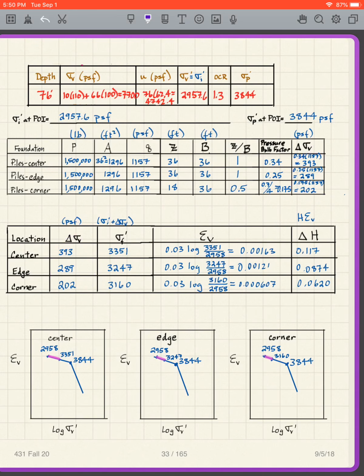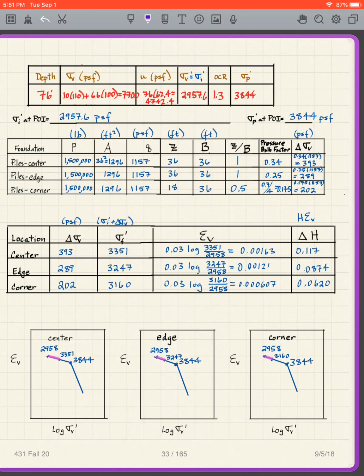And then I take my sigma prime I, which is around 3,000 roughly, and I add that to give me that. The 3,000 plus that gives me that, approximately. So sigma prime I plus delta sigma V is given there. So we now have sigma prime I, sigma prime P, and sigma prime F. It's enough to do our settlement calculation.